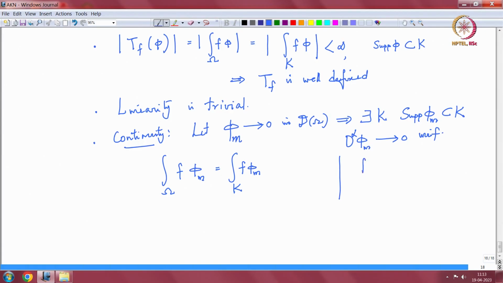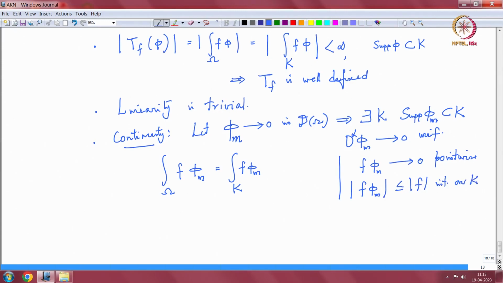So, in particular f phi m goes to 0 pointwise. And you can also see that the modulus of f phi m is less than or equal to mod f, and this is integrable on K.